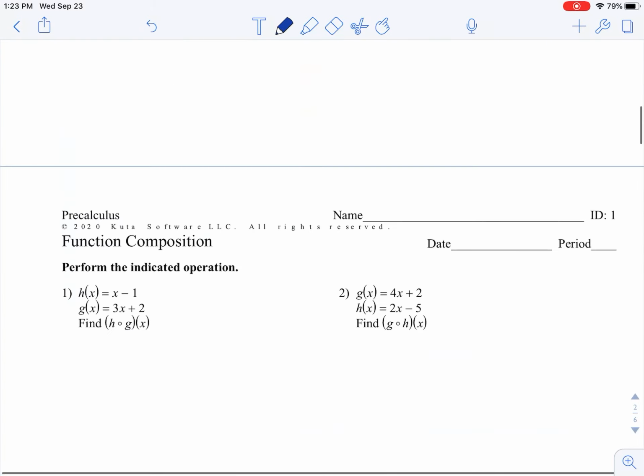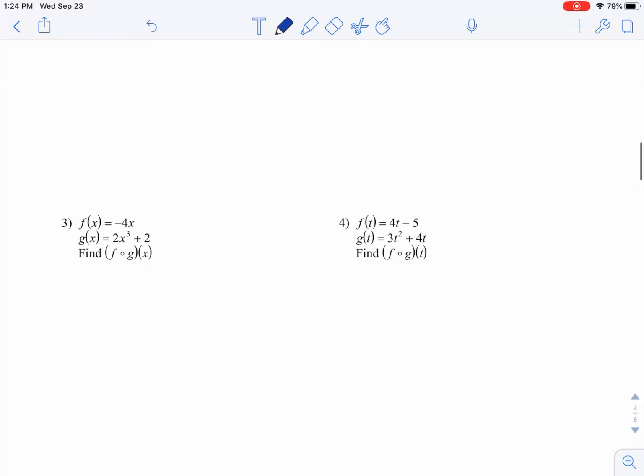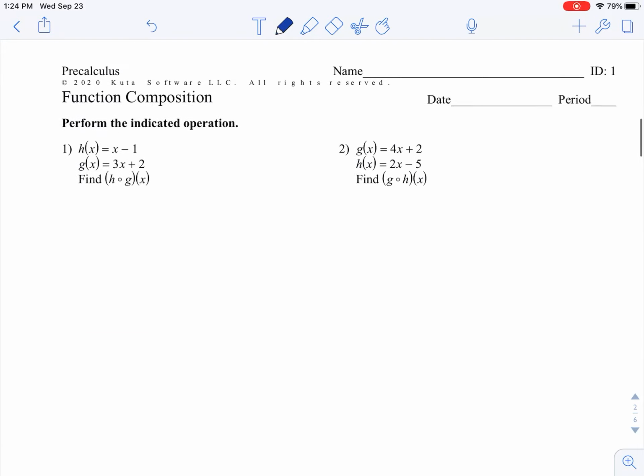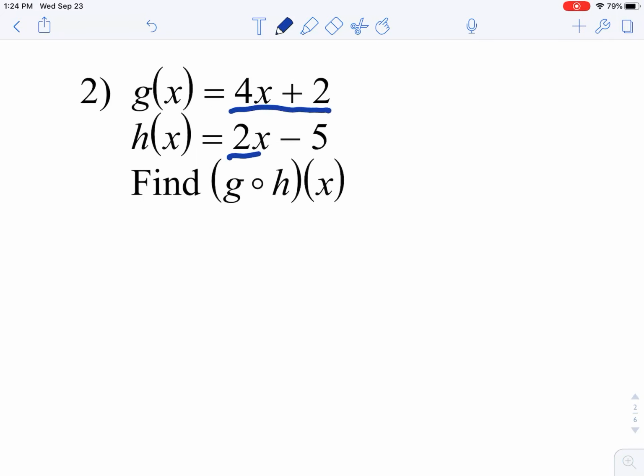So I'm going to scroll down to my first example, number 2, and show you exactly what this means. And then the examples will get a little more complicated as we go. So let's look at this. g of x is 4x plus 2. h of x is 2x minus 5. We are asked to do the composition g of h of x. So we want to plug the second function into the first function.